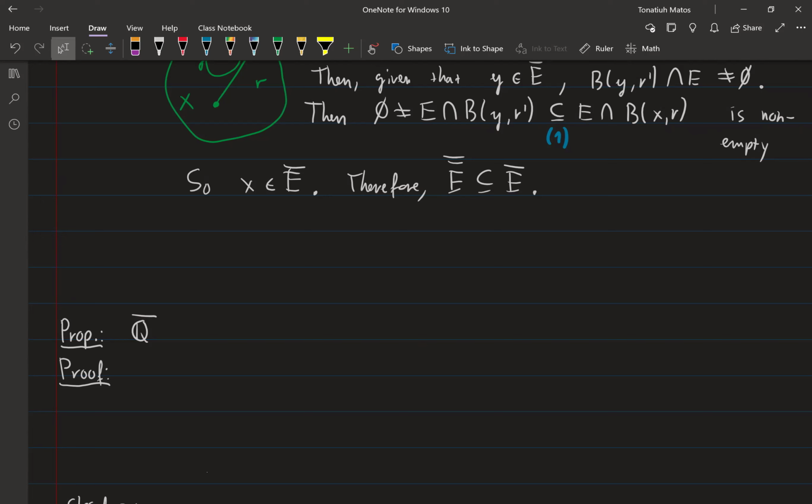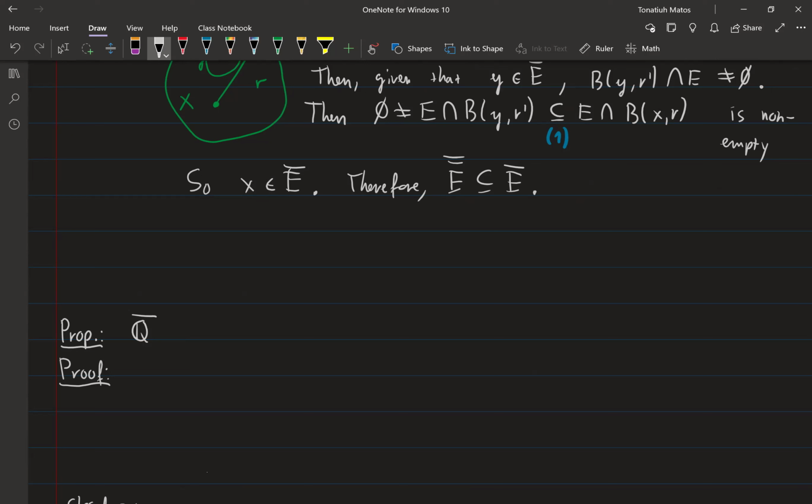Now, I know this isn't live, so I can't really expect an answer from you. What do you think the closure of the rationals should be? If you take the set of rational numbers in the reals and you take the closure of that set, what do you think that should give you? Maybe this was already mentioned in the tutorials, because it's an example of a set that is neither closed nor open.